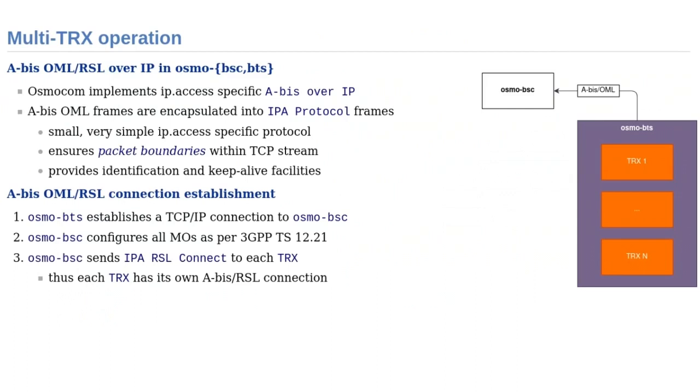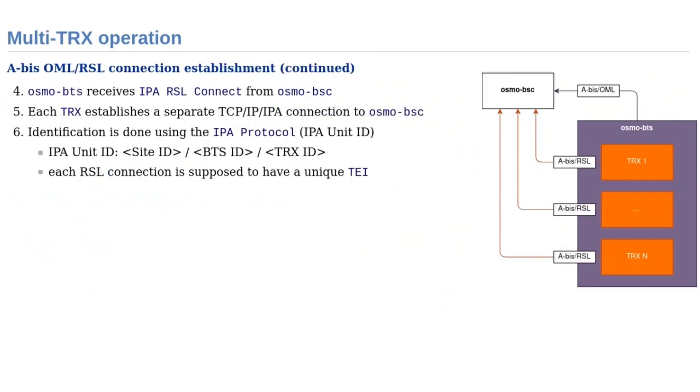When everything is more or less configured, the BSC sends an IP access specific RSL connect message to every transceiver, every TRX instance. This means that every TRX has its own separate ABIS connection. And this is what happens.